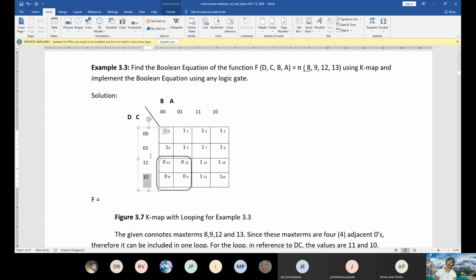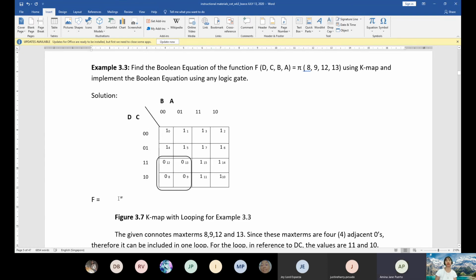Then you compare C. For C, 1 and 0, C is eliminated, whereas D is 1, 1. D is 1, max terms. So again, this is a max term. When D is 0, that is D. When D is 1, that is D prime.